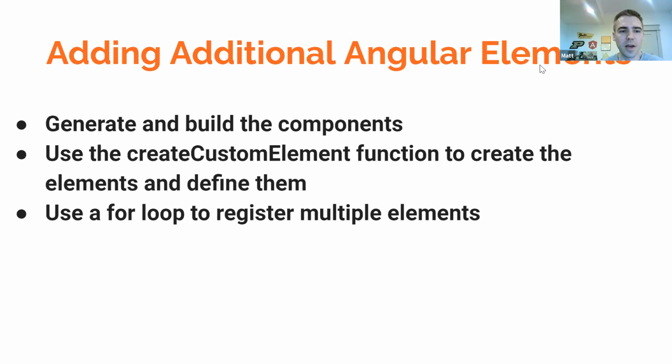And then if I get to a point where I have like 5 or 6 different Angular elements in the same app, I'll just put them in a for loop, and then have an array of what you want to name the element and then the actual element. And then you run a for loop for those.